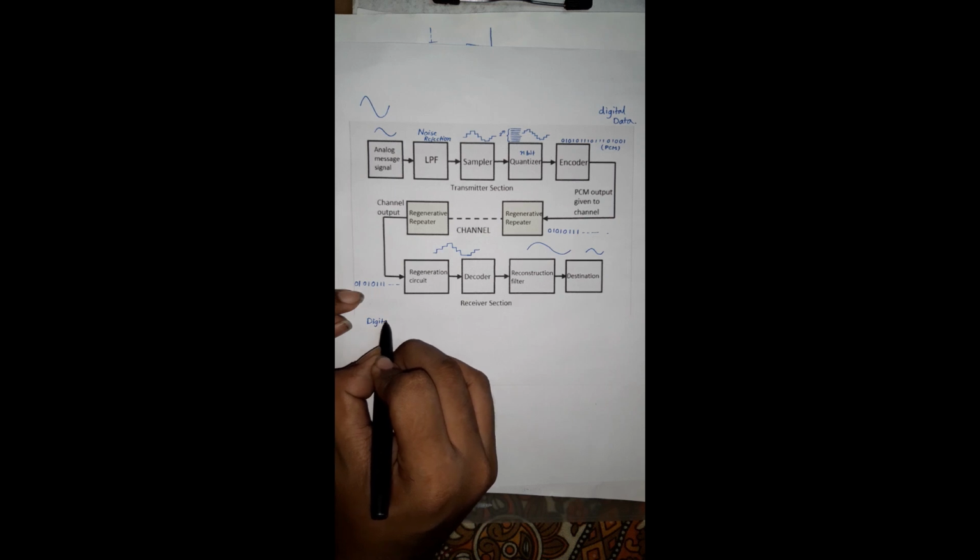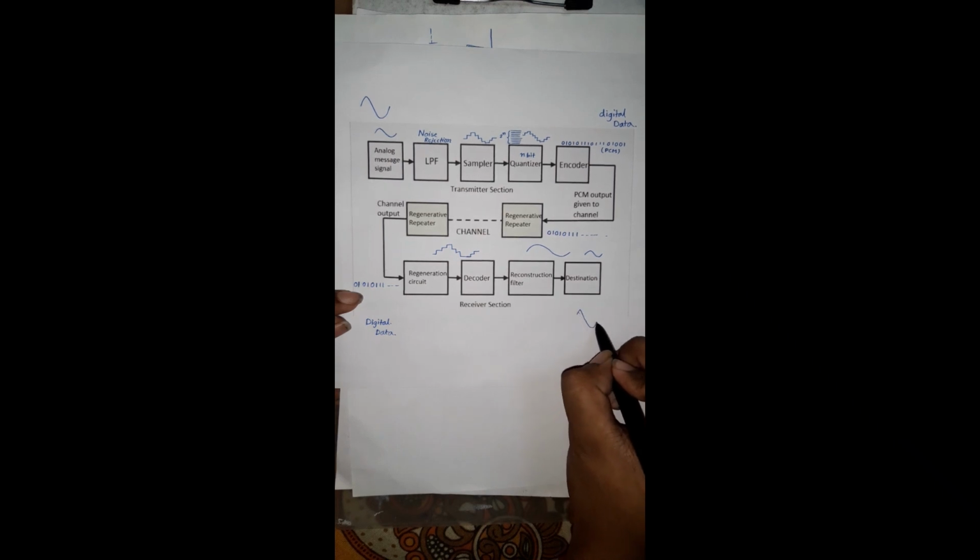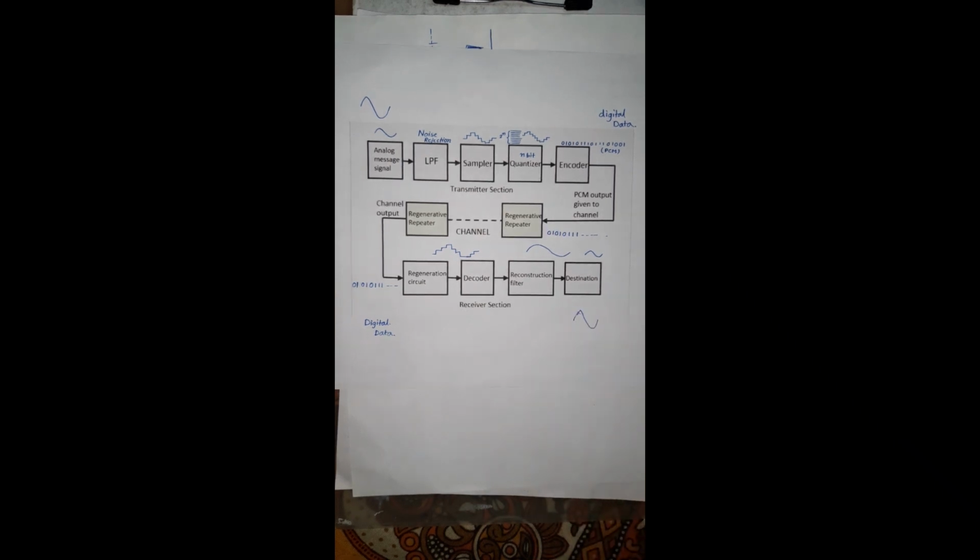Why is it the receiver? Because here we give the digital data as input and get a continuous time signal as output. That's why it is called the receiver section. And in between the channel is present, and within this channel several regenerative repeaters will be present, just to regenerate that signal, so that the signal can't be lost or attenuated.